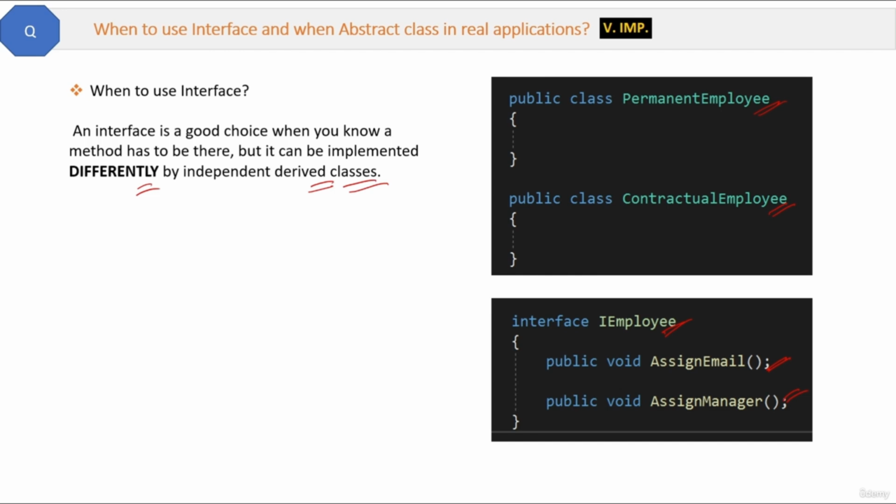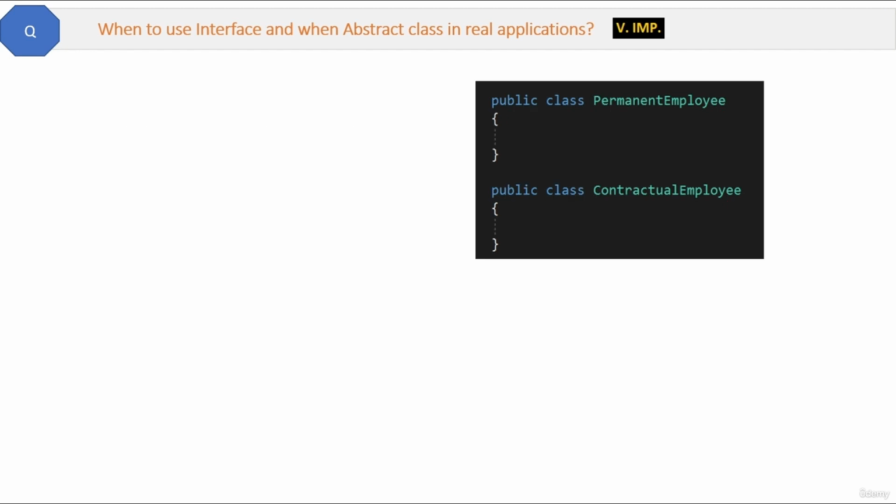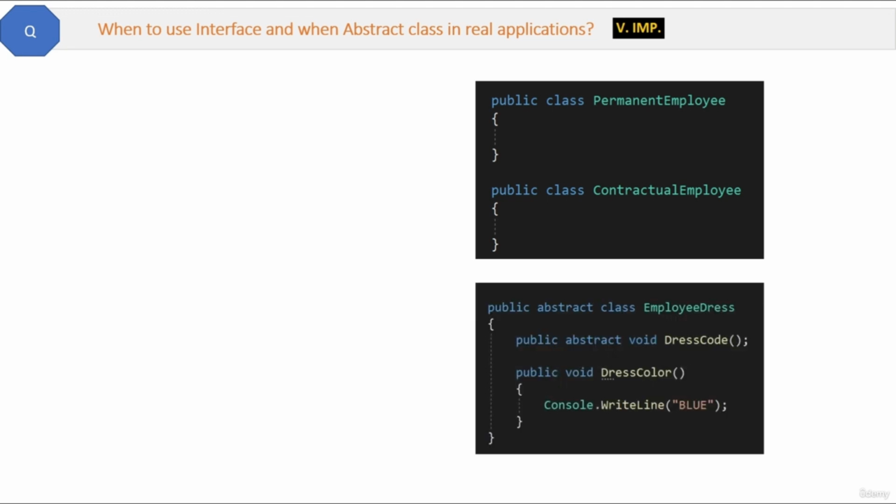Next, we will see when to use abstract classes, and not interfaces. For example, with classes permanent employee and contractual employee, here we have an abstract base class employee dress, where dress code is an abstract method because that implementation we don't know right now, because it depends.